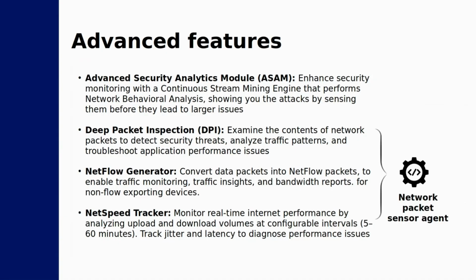And NetFlow generator. NetFlow generator is a case in some devices, say for example, in some layer 2 Cisco devices and other networking devices, the flow technology is not supported.